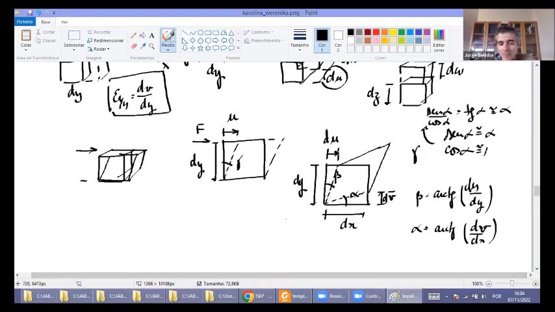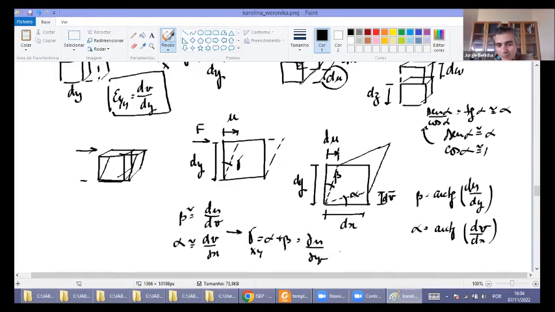So beta is equal to du/dy, and alpha is equal to dv/dx, which means that gamma, which is the sum of both, the distortion on this plane xy, is equal to du/dy plus dv/dx.